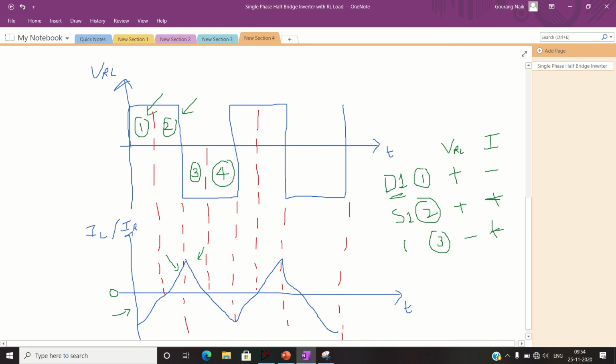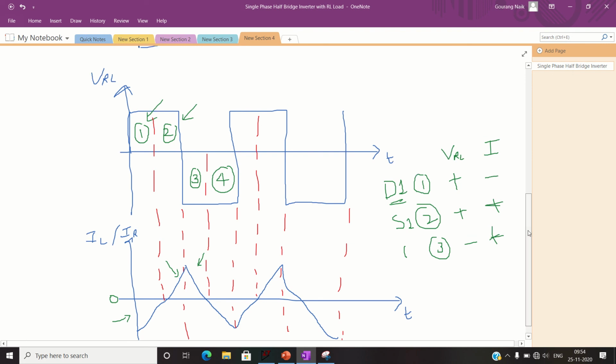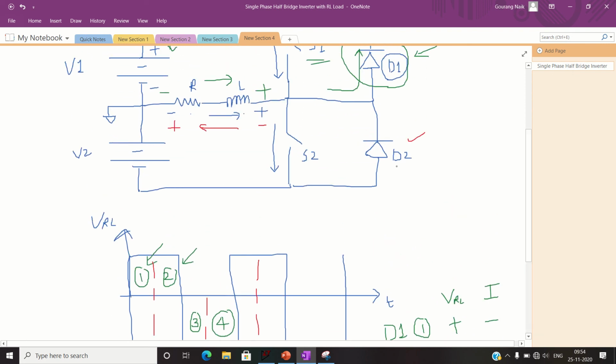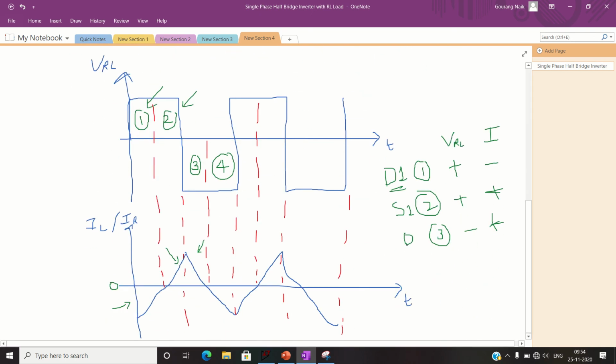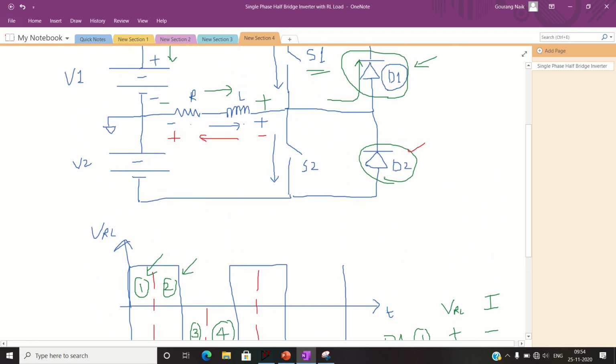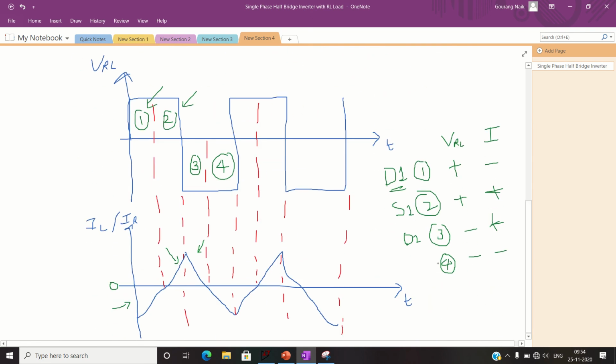So in this case, my voltage and current are opposite, so this diode D2 will help to conduct the current. Okay, D2. And last, fourth case is where I have a negative voltage and negative current. In that case, my switch S2 will conduct the current. Okay, S2.